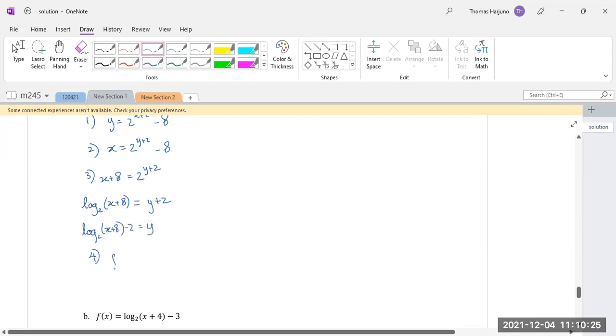Step 4, the inverse function is log base 2 of (x plus 8) minus 2. But you need to show me steps 1, 2, 3, 4.